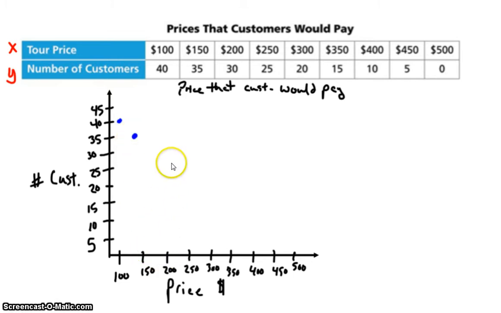At 200, we would have 30. At 250, we would have 25. At 300, we would have 20. At 350, we would have 15. At 400, they would have 10. At 450, there would be 5. And at 500, there would be 0 people willing to pay that price.